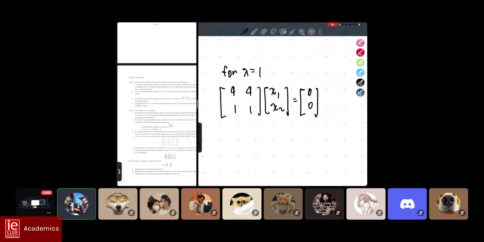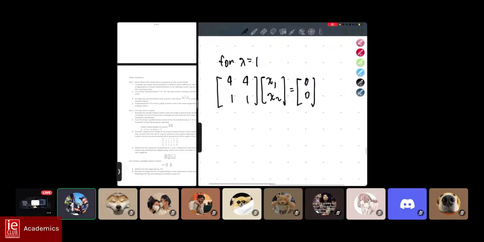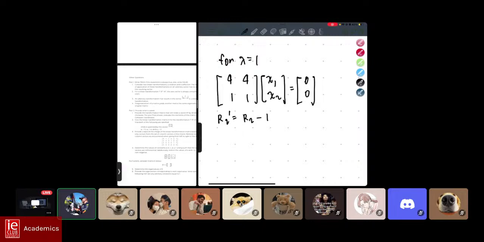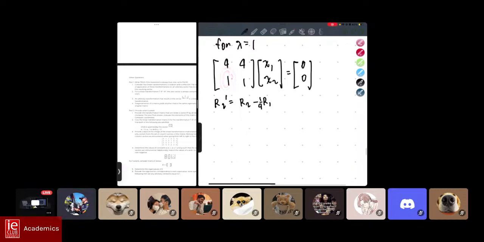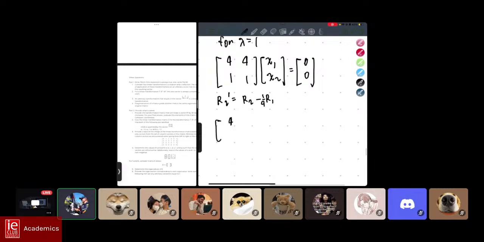So, just to practice good habits ulit, let's make this row echelon. Although it's very obvious na kung ano yung sagot dito. Pero let's just practice good habits. Row 2 prime equal row 2 minus row 1, 1/4, to eliminate this. This will become 4, 4, 0, 0.